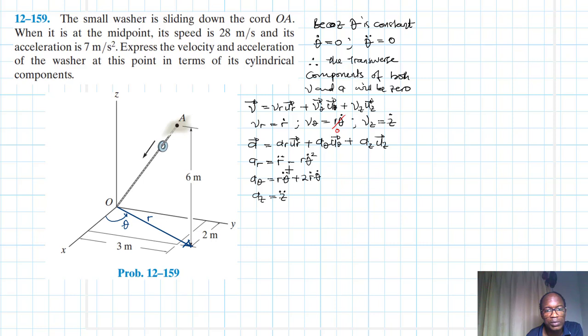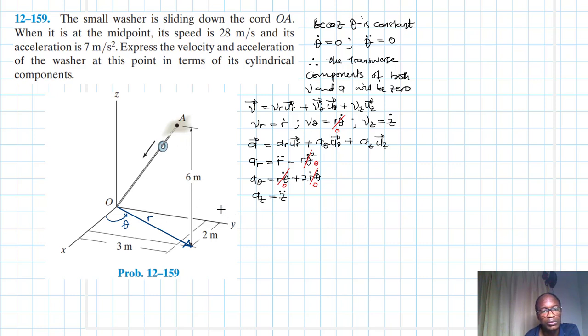But we know that this part is 0, this part is 0, as well as this part there. Because theta is constant, therefore we expect everything with theta dot and theta double dot to be equal to 0. So let's work it out.